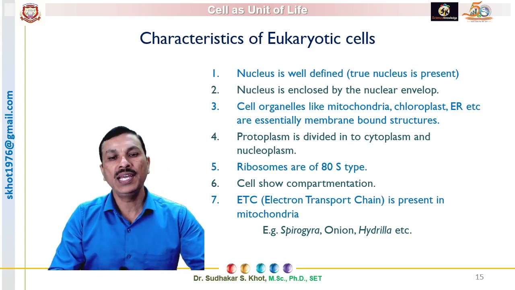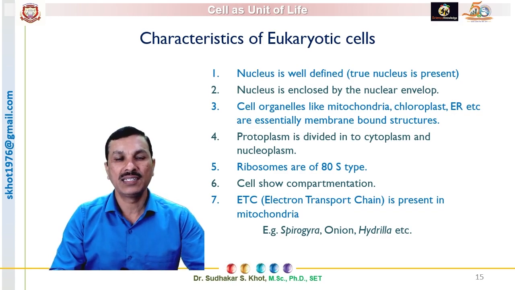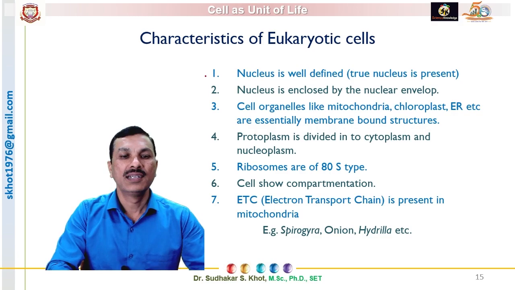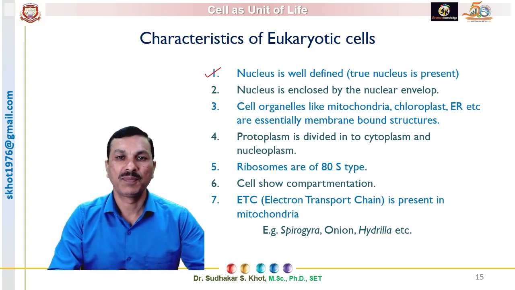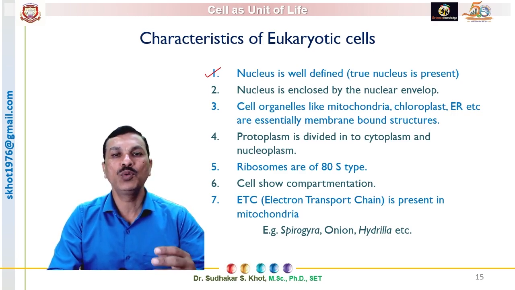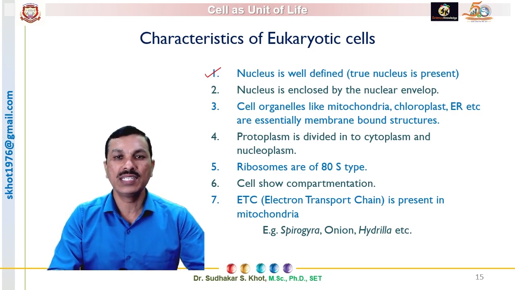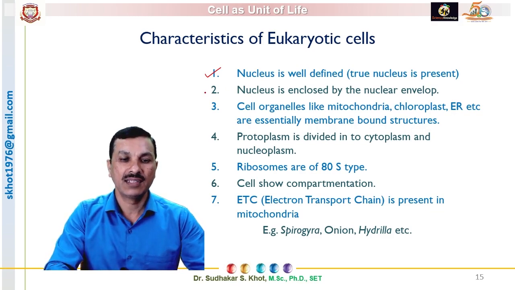The nucleus is well organized. It is well defined, so we say that in such cells, a true nucleus is present. The second characteristic is that the nucleus is enclosed by a nuclear envelope. It is a double membraned structure having a nuclear pore complex, and it encloses the genetic material.